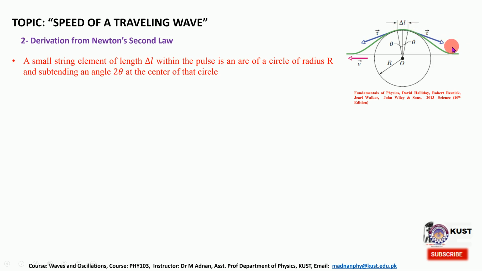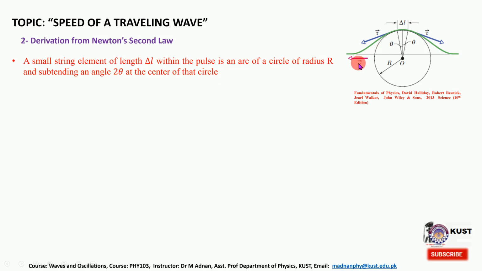So if the wave is traveling towards the right and we are looking at this portion, it will be like this portion is moving towards the left instead of the right, if you are looking from a frame of the wave, so that the string appears to move past us from the right. This pulse will be moving towards the left.